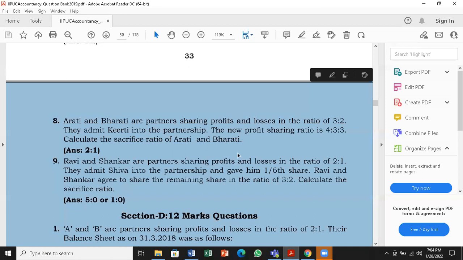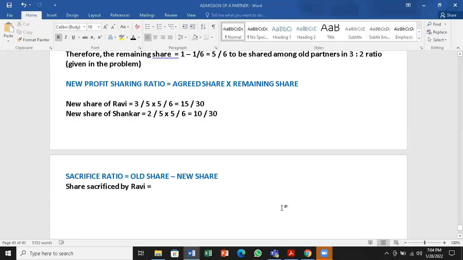See the problem for your reference. Old share is 2:1. So old share is 2/3 minus new share, that is 15/30. So we have to go for the LCM like we have done earlier.